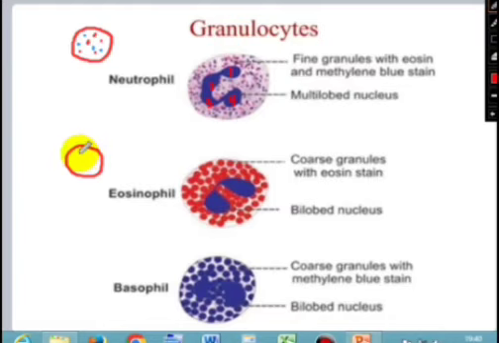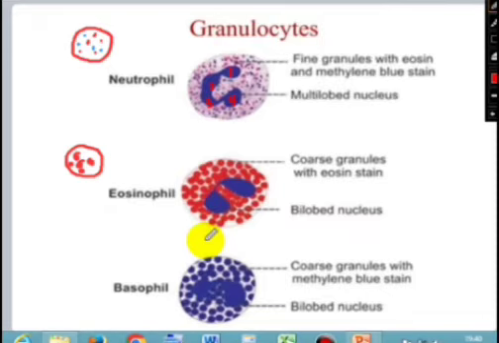Alright? So if you observe the cells properly, you will note that the granules are big and they stain with only red dye. Good. Eosinophils have bilobed nucleus. That is, they have two nucleus in their cytoplasm. Is that clear?